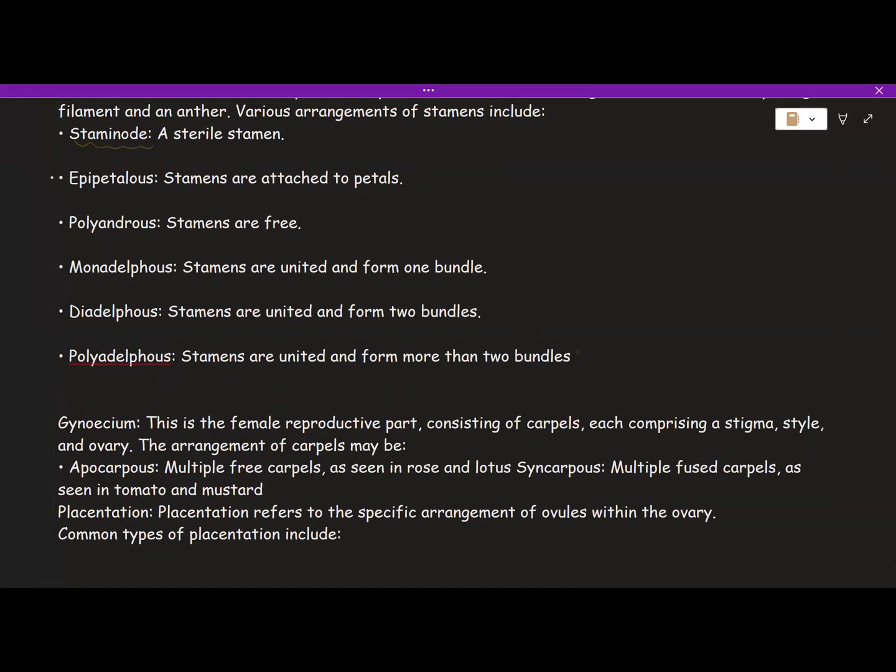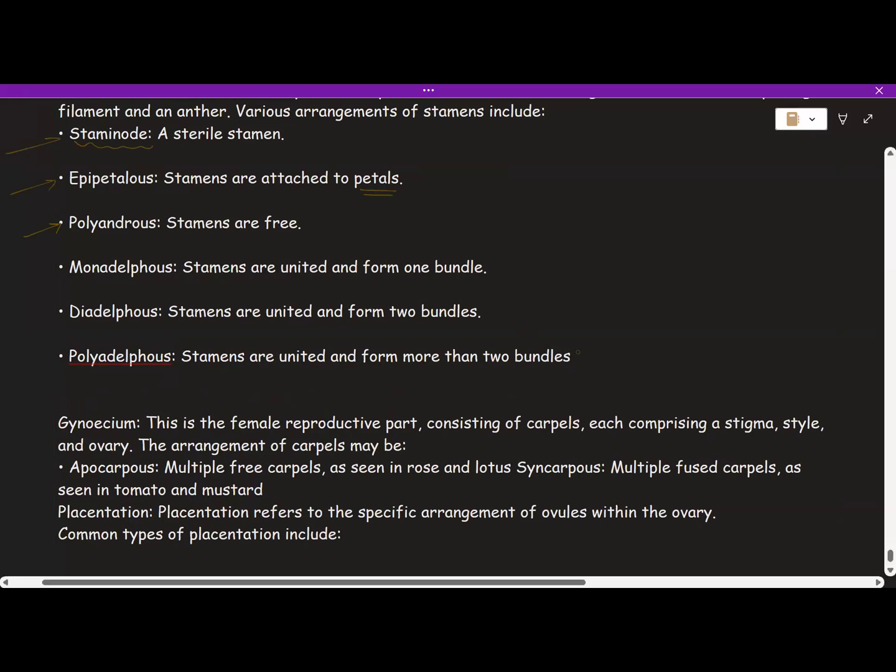Then comes epipetalous. Epi means on top, mostly. So when the stamens are attached to the petals or they are present on top of the petal, that situation is what we call epipetalous. And then there comes the next thing, that is polyandrous.